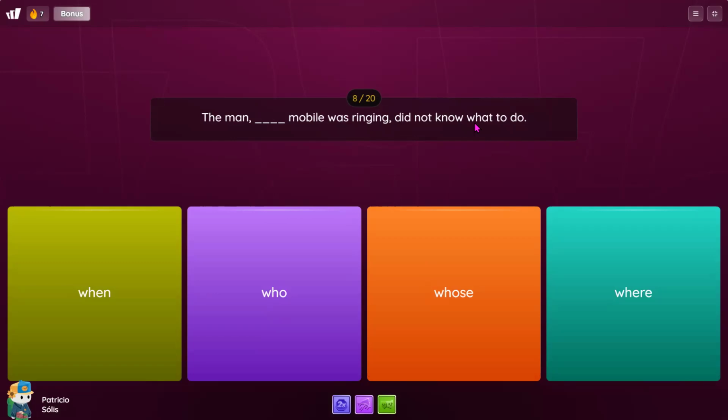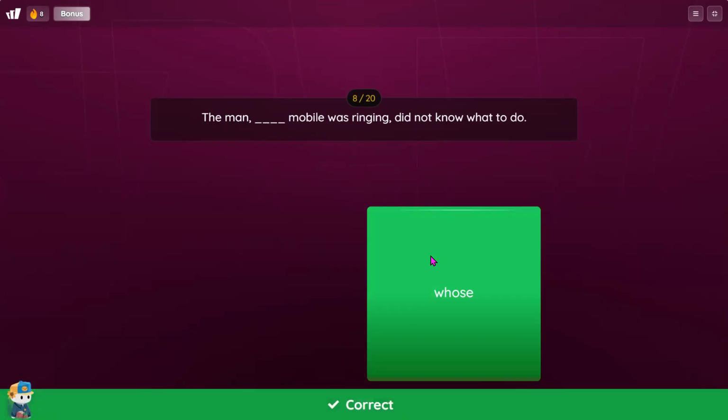Mobile, it is a cell phone. It's an object. Possession is whose? Yes. Reread it. The man whose mobile was ringing did not know what to do.